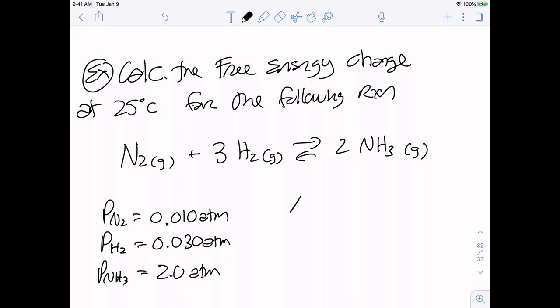We're given our standard free energy change. If you weren't given this, you could calculate it using delta G naught f, from your Gibbs free energy of formation. We have a reaction, so we can get the sum of our products and subtract the sum of the reactants from it. I'm giving it to you this time, but it is very possible that you would have to calculate it.